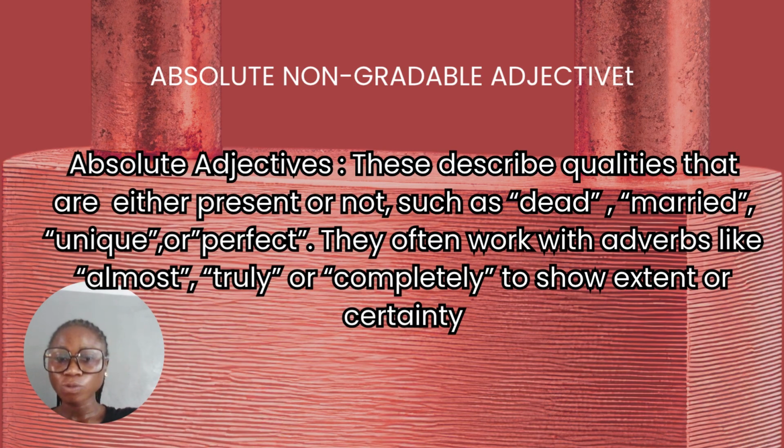They often work with adverbs of degree like almost, truly, or completely to show their extent. So absolute non-gradable adjectives describe quality. They let us know the degree of quality something is.